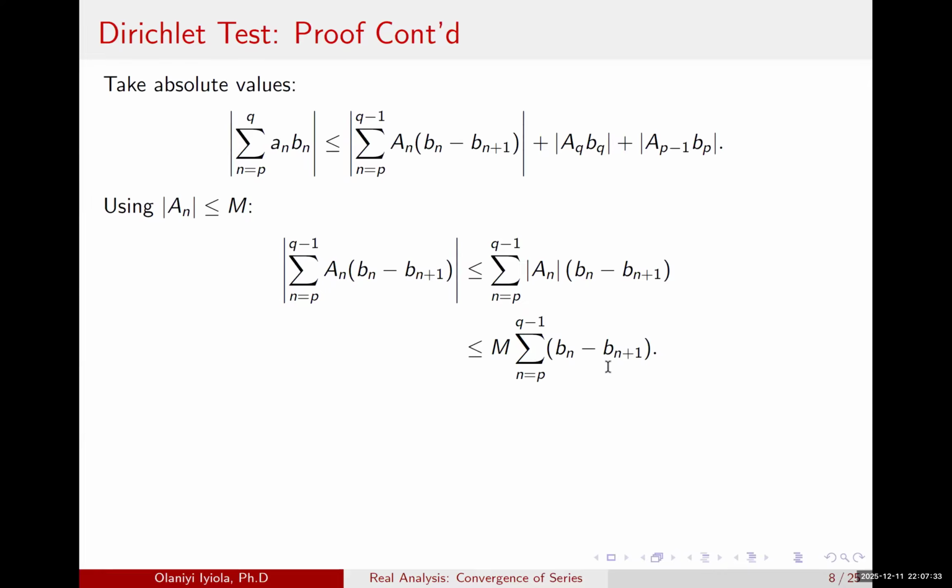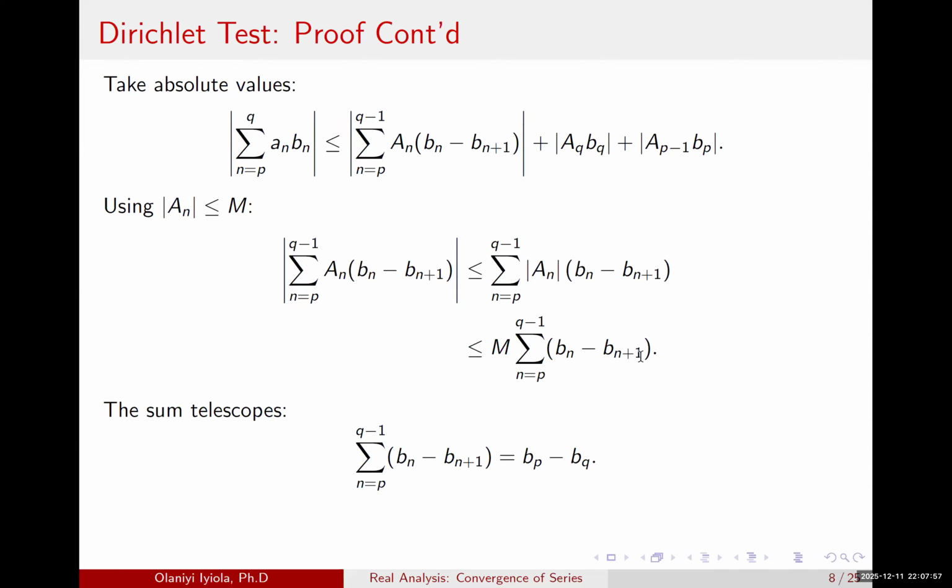Observe that this series is telescoping, meaning that if I write it out explicitly, in this case n is starting from p, so I'm going to have b_p minus b_{p+1} plus b_{p+1} minus b_{p+2}.